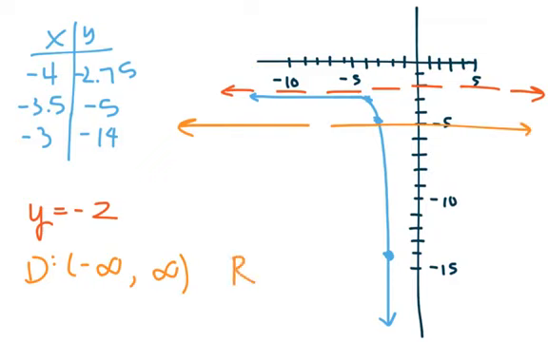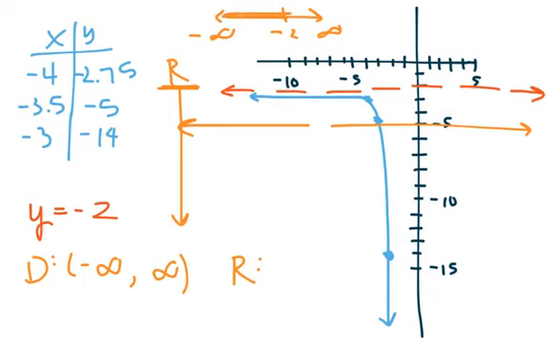And then my range, it's always from the asymptote up or the asymptote down, right? It just depends on where the function is. So because the asymptote is at -2, but then it goes down forever, that's going to be -2 to -infinity. But if we have something on a number line, we've got -infinity here, -2 here. We're covering the zone, we read from left to right.